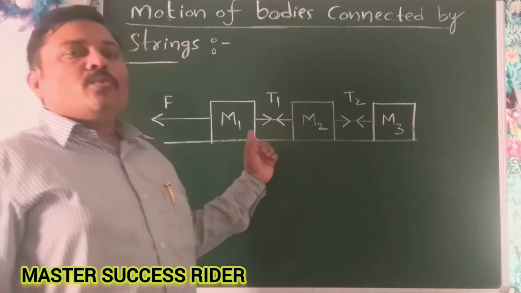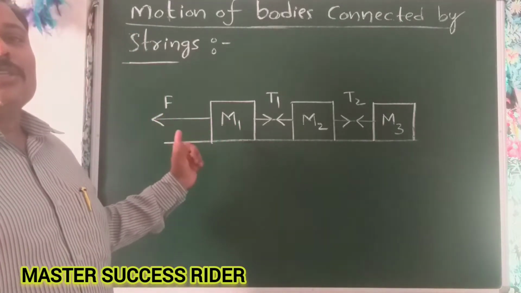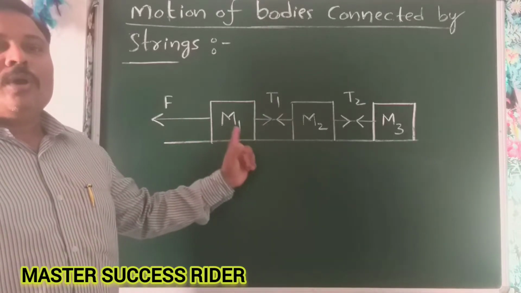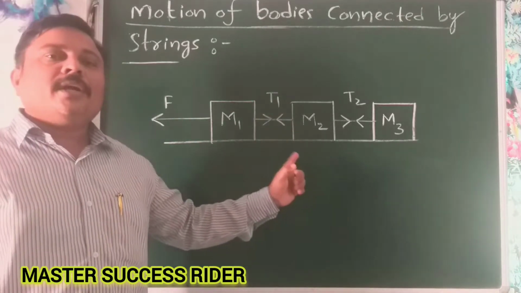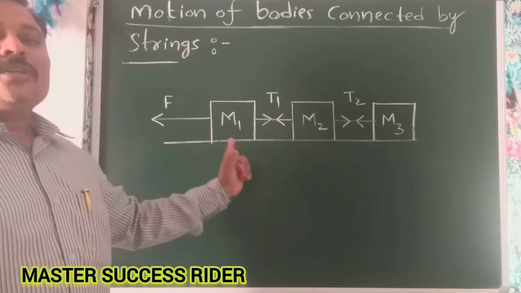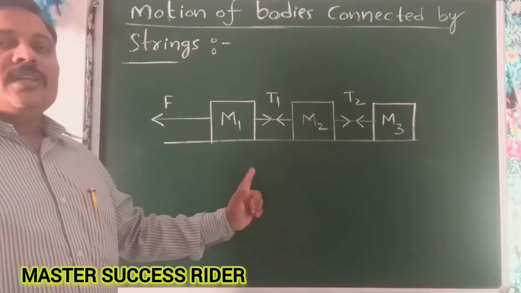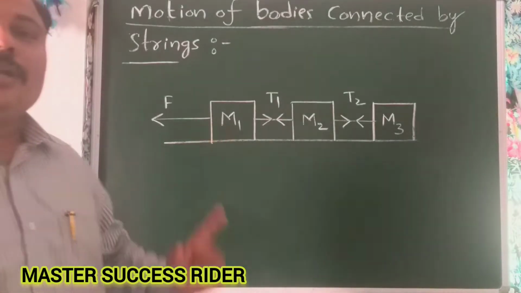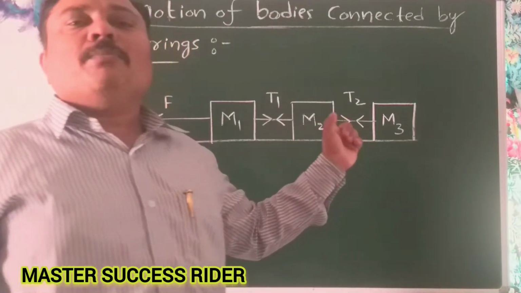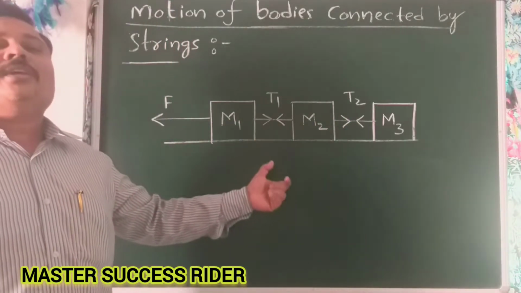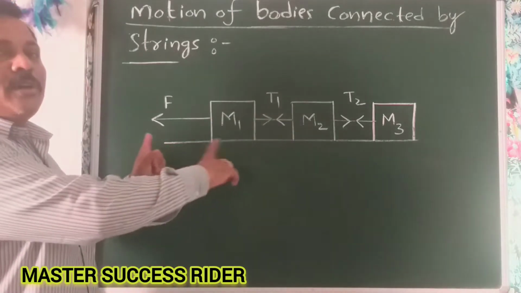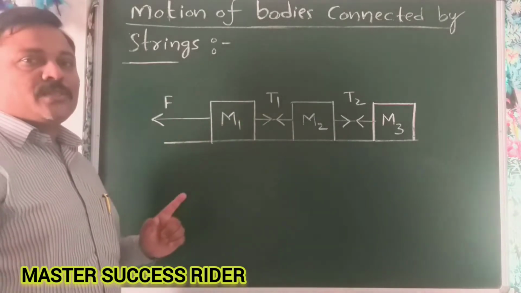Today I am going to discuss three masses M1, M2 and M3 located on a smooth horizontal surface. In this case, we want to calculate the acceleration of the system of masses and the tension in the strings. Here three masses are connected by strings.